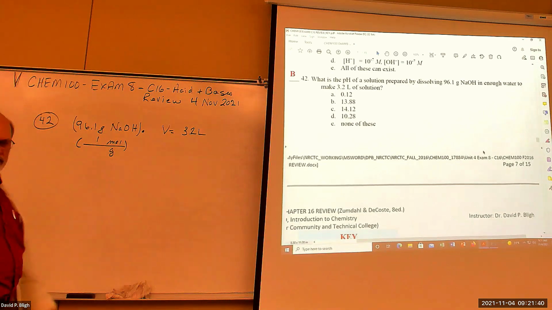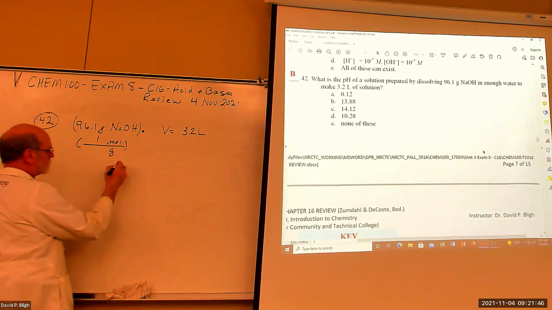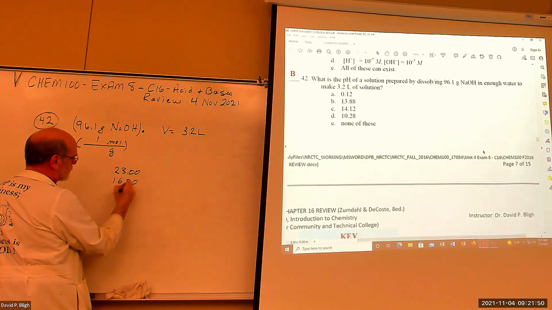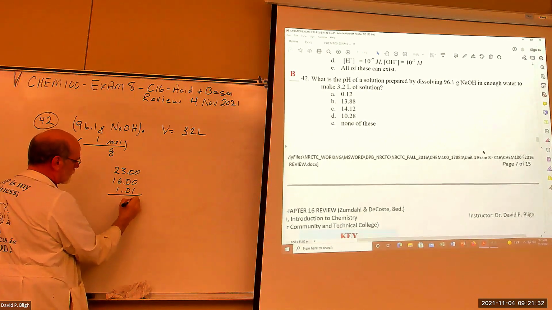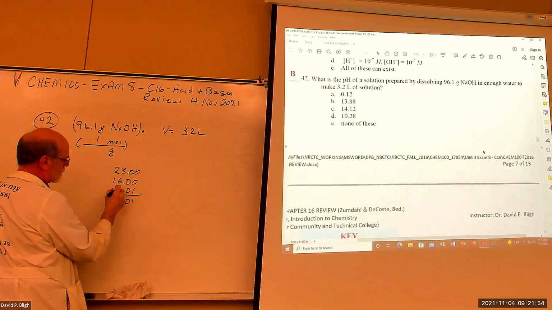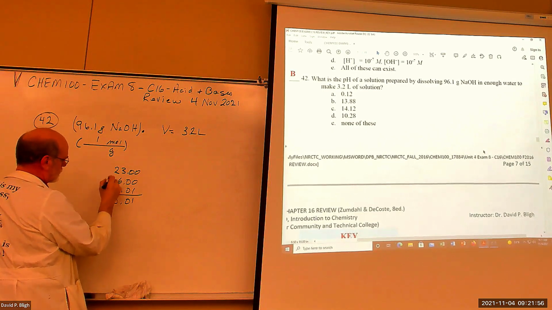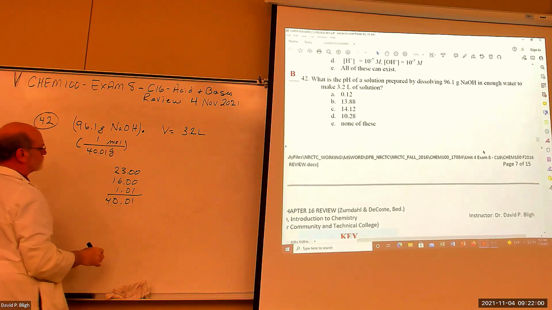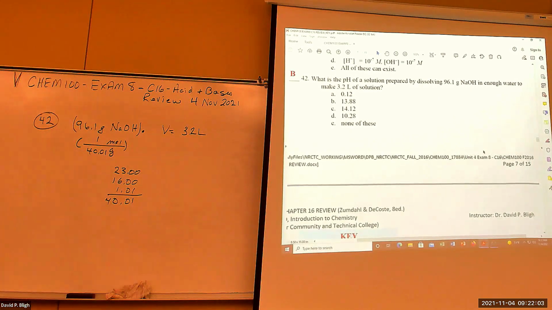So sodium is 23, I think. Yeah, sodium is 23. Oxygen is 16. Hydrogen is 1.01. Let's see. That's 40.01. So we divide 40.01 into that value.